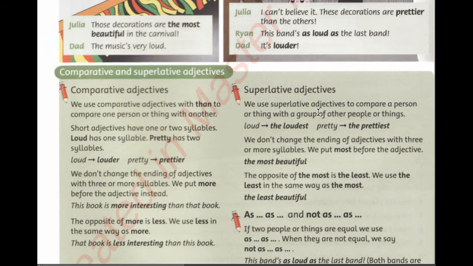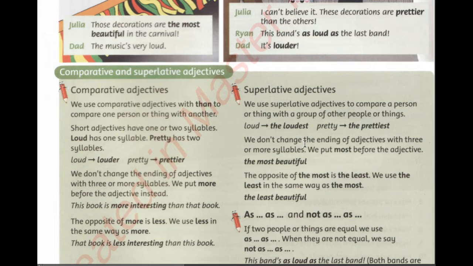The superlatives, what we have here as an example, is the addition of est. Again, we delete the y and add iest. So loud goes into the loudest. Pretty goes into the prettiest.